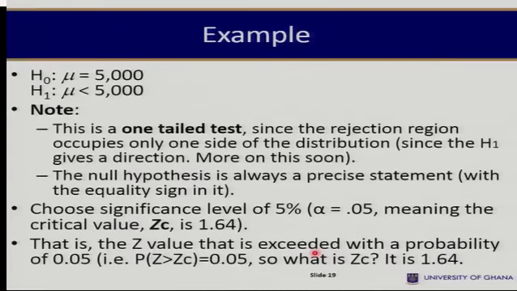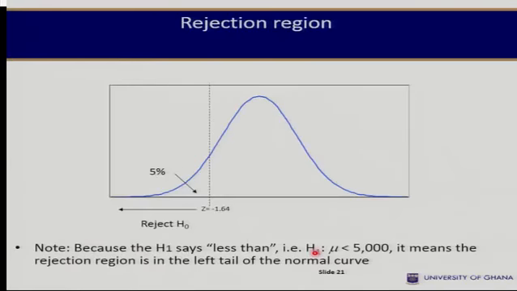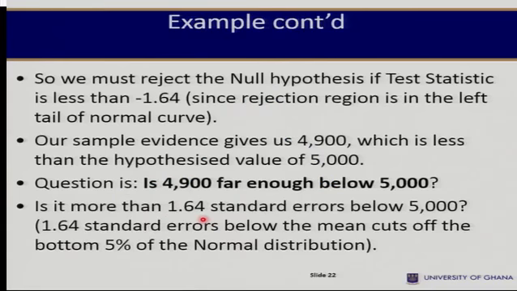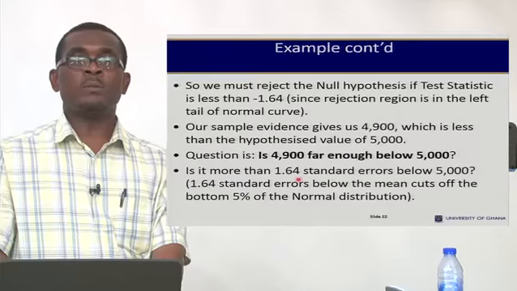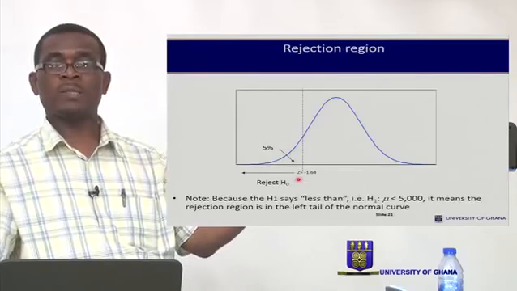You could alternatively use 1.65. It doesn't change anything. Since the alternative says less than, our rejection region is in the left tail. The area to the left of minus 1.64 is 0.05, so the rejection region is to the left of minus 1.64.